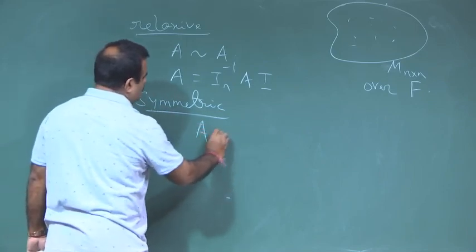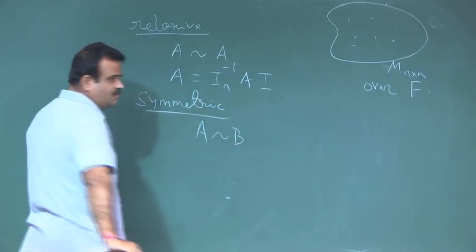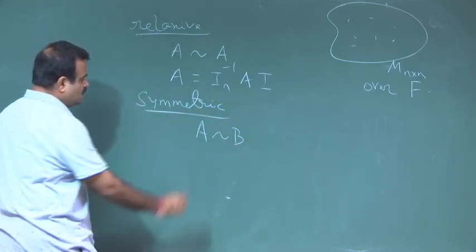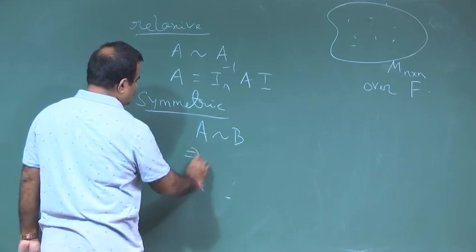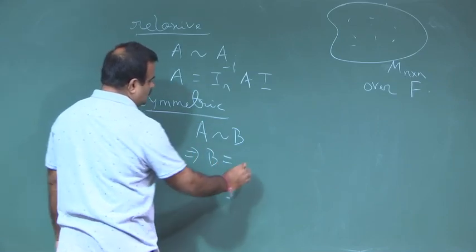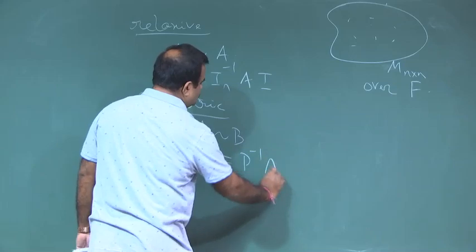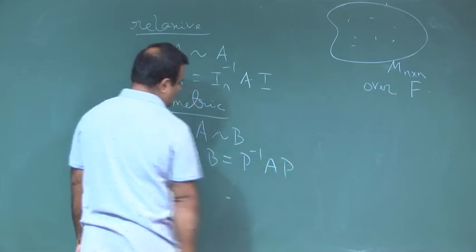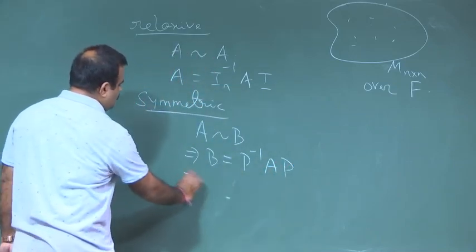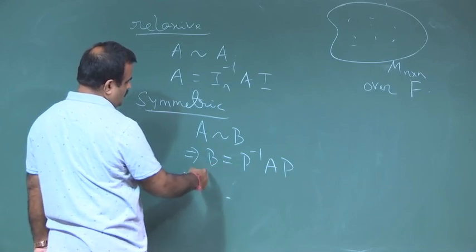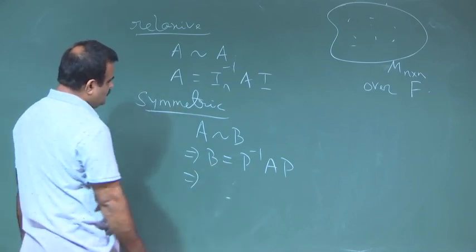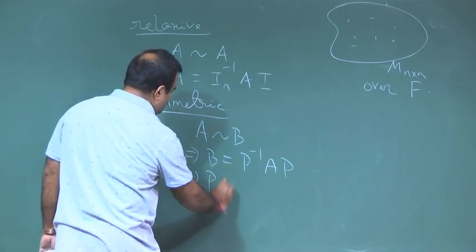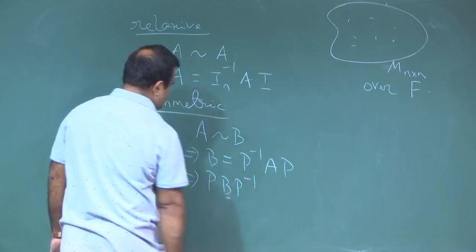if A is similar to B, then we need to show B is similar to A. A is similar to B implies B can be written as P inverse A P, and from here we can write A as P B P inverse.